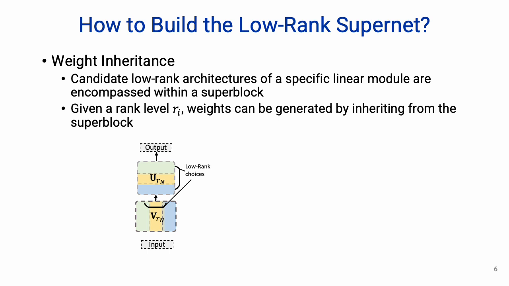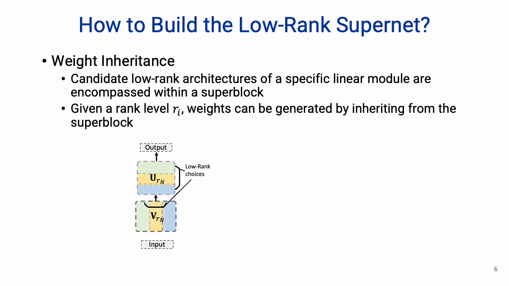To realize our low-rank architecture search, one challenge to overcome is how to effectively encode the low-rank architecture search into a supernet so that we can train them jointly. To achieve this, we maintain a superblock which encapsulates all possible low-rank architectures for a given linear module. We call such a strategy weight inheritance.